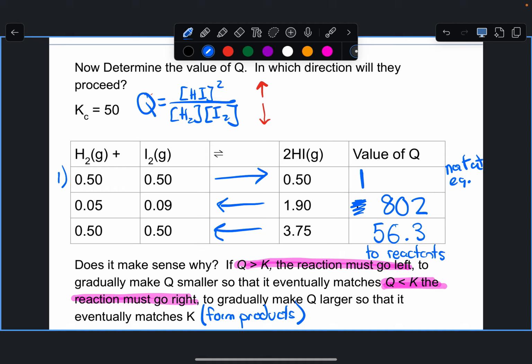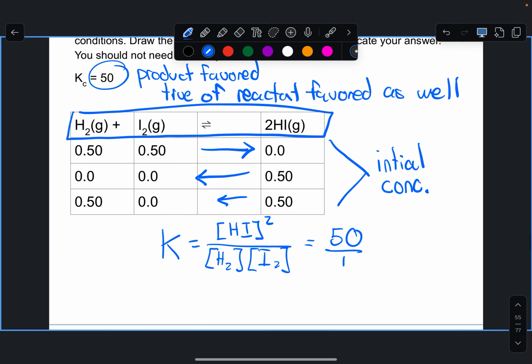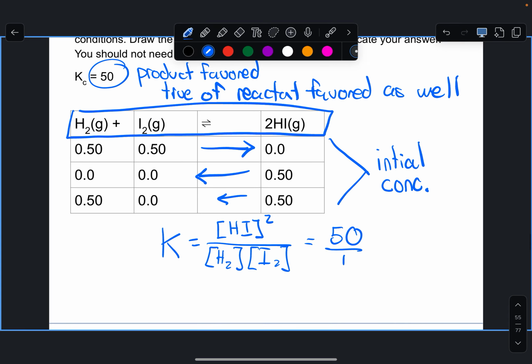And this is going to be really important when we start to do more complicated problems and we're trying to define that change. We need to know, are we using up some of this stuff and making more of that, or using up some of that and making more of this? Okay? So in every reaction, you either need to look and say, is one of them 0? Okay, then I'm going to make that.